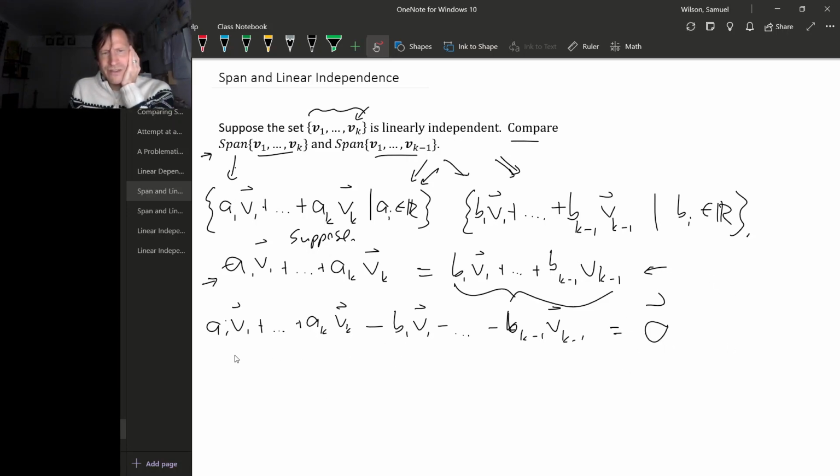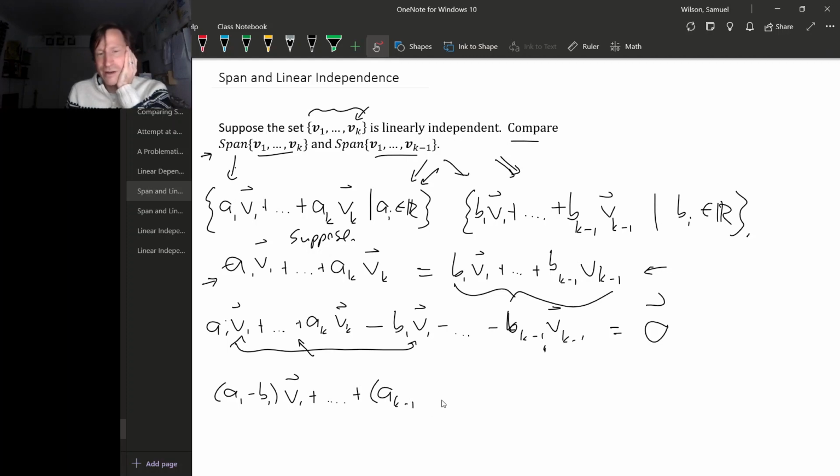These terms that have the same vector, we can combine. So this is a1 minus b1 times v1 plus, all the way down to, there's a v sub k minus 1 term here, and there's also a v sub k minus 1 term hiding in my dot dot dot right there. So that's a sub k minus 1 minus b sub k minus 1 times v sub k minus 1.